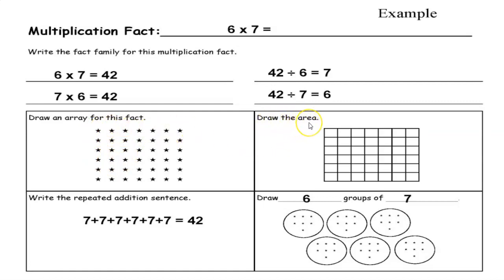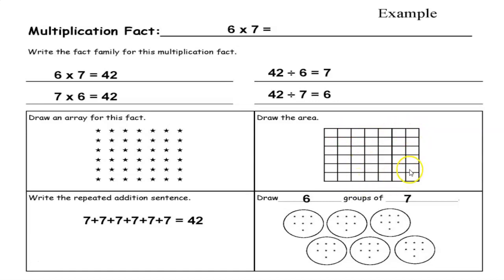If you're going to draw the area model, then we're counting the squares or the rectangles inside, and I'll show you how to do the area model. This one also has 1 row, 2 rows, 3 rows, 4 rows, 5 rows, 6 rows, and each row has 1, 2, 3, 4, 5, 6, 7.